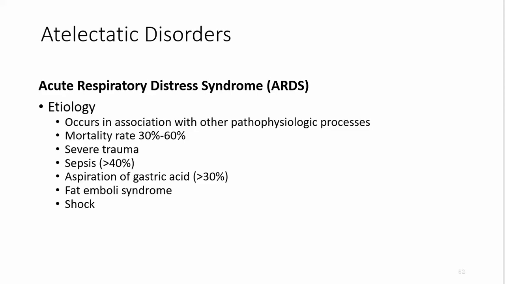Fat emboli, so that happens post fracture, where the yellow marrow in the bone escapes into the bloodstream and will form non-soluble emboli of basically globs of fat, and then that will irritate the capillaries.